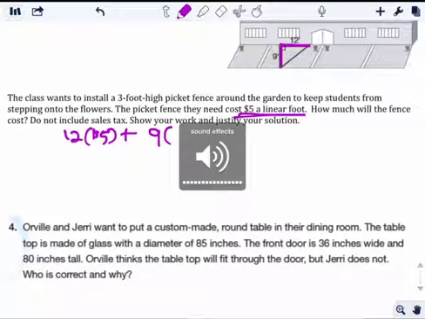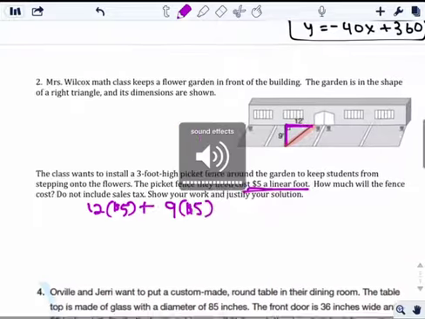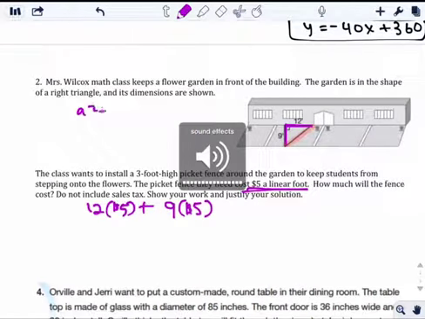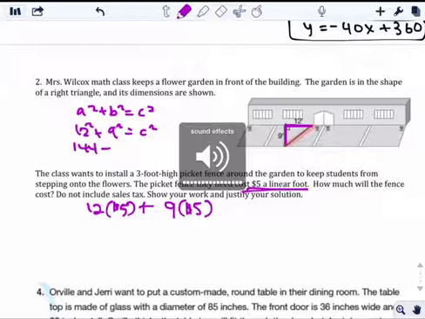Now it's $5 per foot, so I times it by 5, and then here's the missing piece, this one. Otherwise, kids can still go in there. In order to get that piece, I need to do a squared plus b squared equals c squared. That's 12 squared plus 9 squared equals c squared, 144 plus 81 equals c squared.